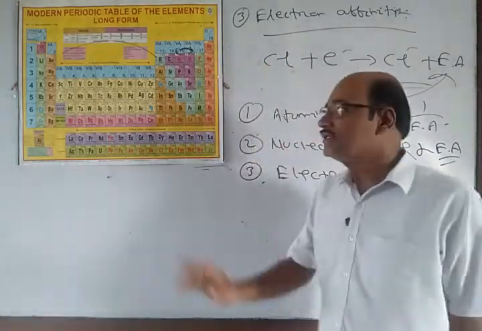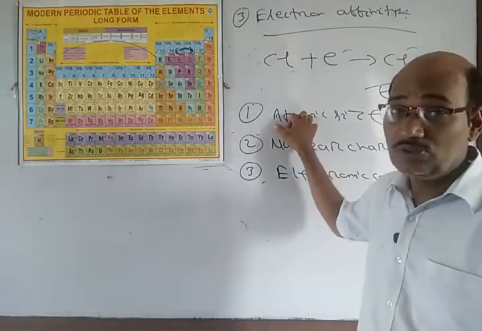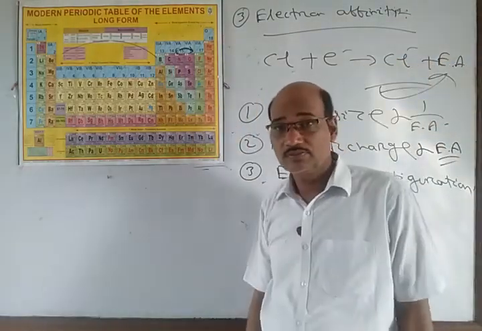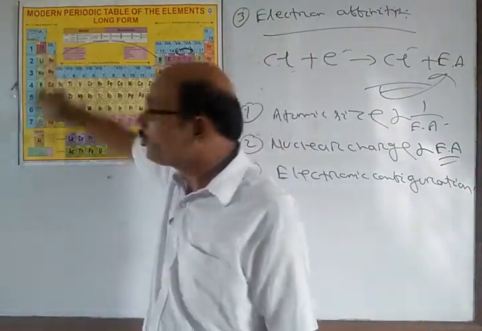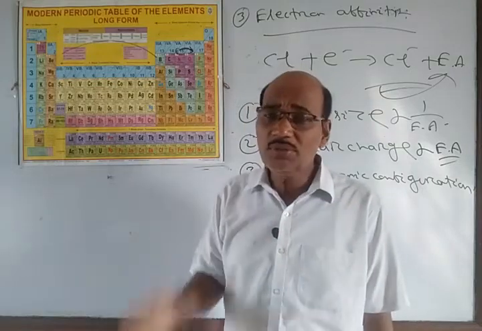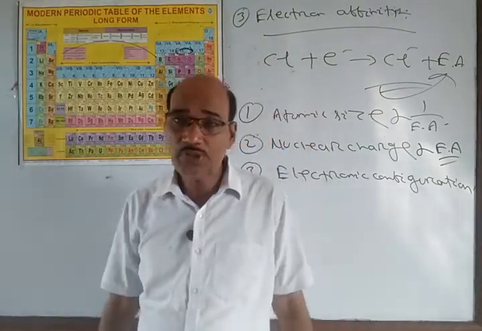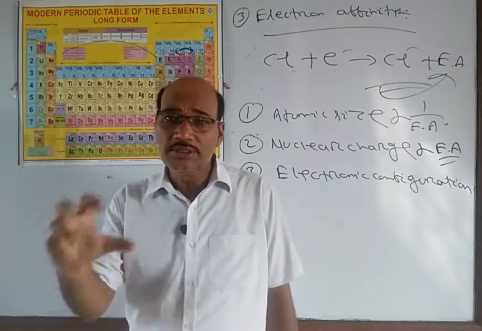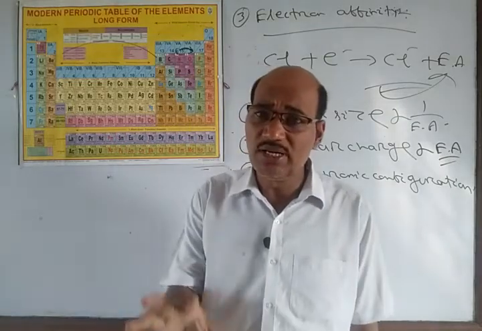Okay. Now, let us see if we apply this concept to the periodic table. If we move in a group from top to bottom, the atomic size goes on increasing. So the nucleus will have a lesser force of attraction on the valence shell.